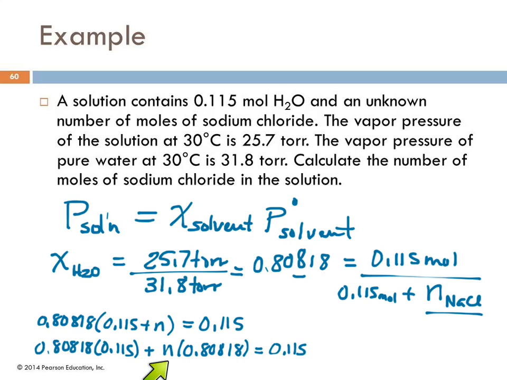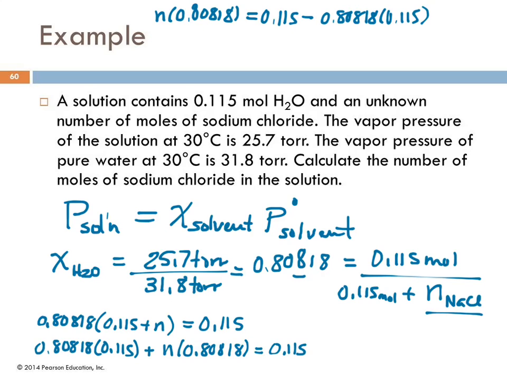So now I want to keep n on the left side, and so I'm going to take this part and subtract it from that. I'm going to move up to the top because I ran out of space, as usual. So n times 0.80818 is going to equal 0.115 minus 0.80818 times 0.115.